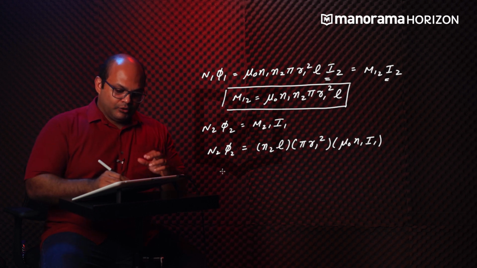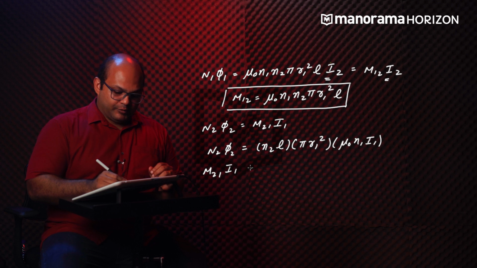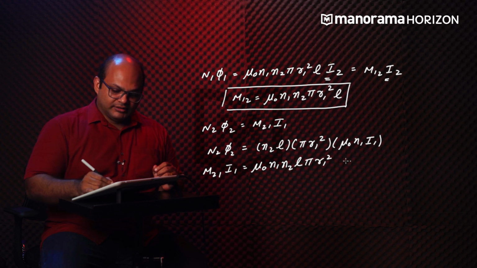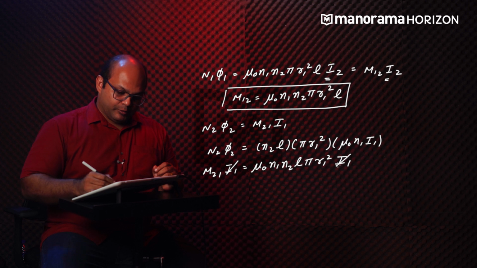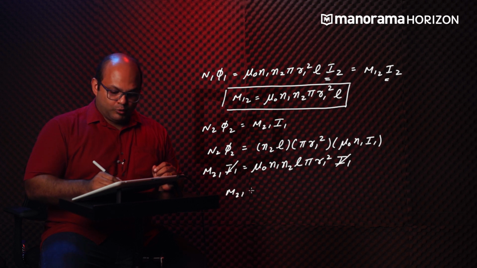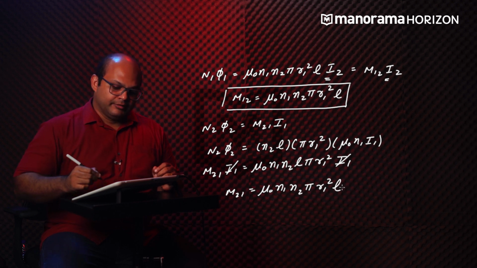So again, if you look at this equation, we can equate this to M21 I1, and this gives us the same equation as before, mu naught N1 N2 L pi R1 squared I1. We can again cancel out I1. This again gives us M21 is equal to mu naught N1 N2 pi R1 squared L.